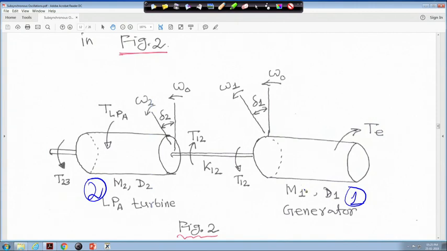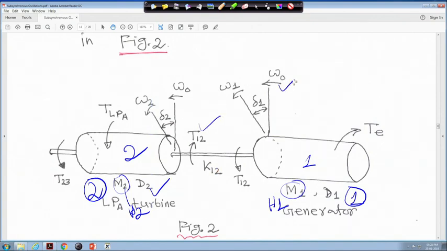The inertia, written as M, we will take as H1, and its damping for this section is D1. Instead of M2 we will take H2, and this is D2. This is section 1 and this is section 2, and here the stiffness is K12, and this is the torque T12 acting on this shaft.